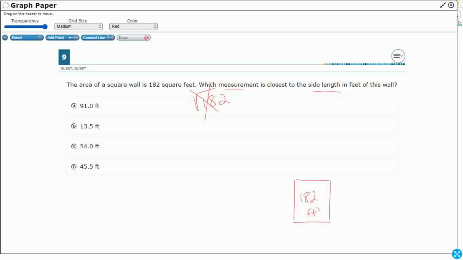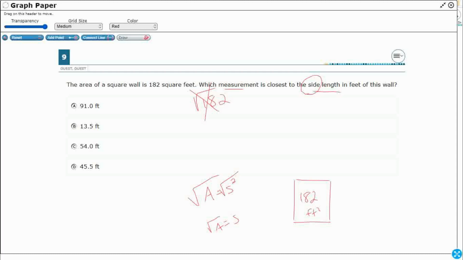So this is what we have to know, and this is not in our reference materials, right? The area of a square is going to be side times side, or side squared. So if we want to isolate for that side, right, we need to take the square root of both sides, and that's just going to be the square root of A equals the side length. So there is a little bit of work that we need to do to realize, okay, I'm going to have to take the square root of 182.